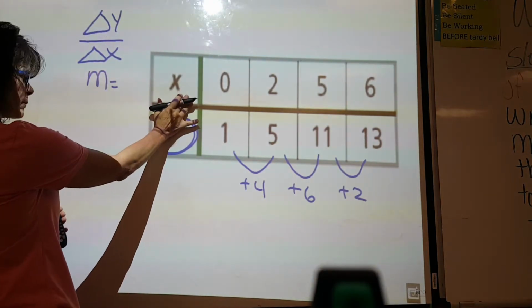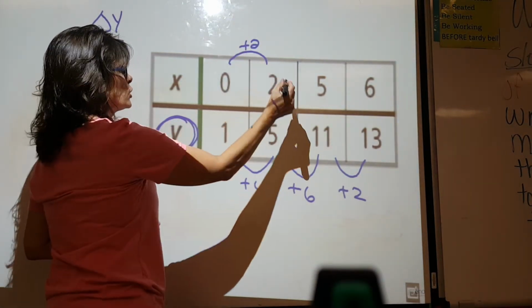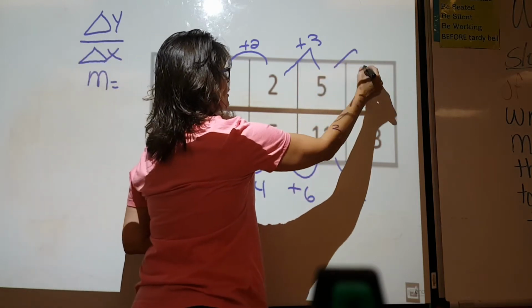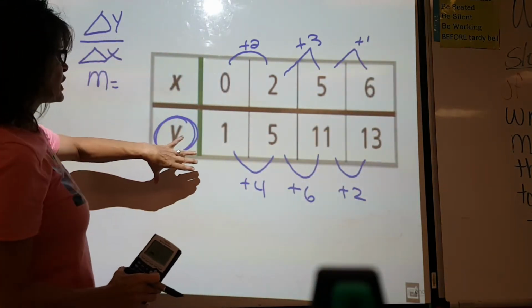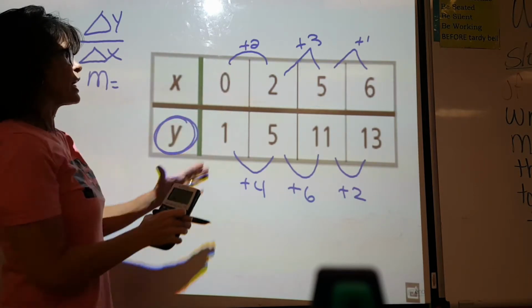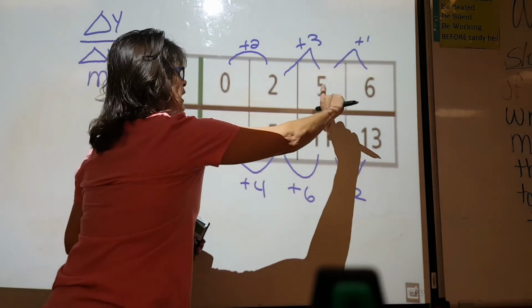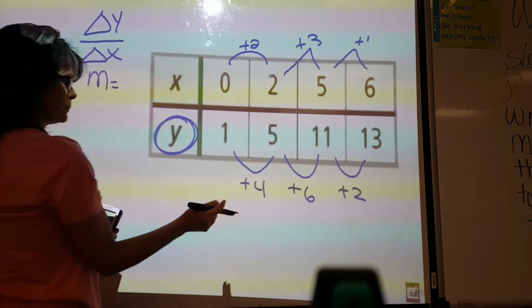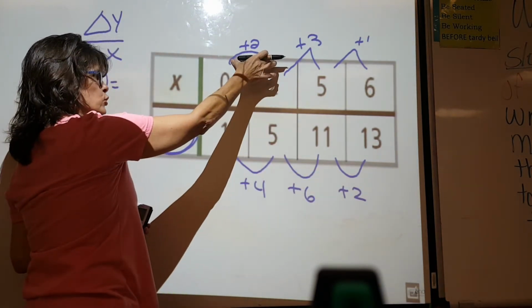I'm simply going to check my x's. So from 0 to 2 is +2. From 2 to 5 is +3. And from 5 to 6 is +1. So now I simply have to see if my numbers change, if my points have the same ratio of change. So I have 4 over 2.